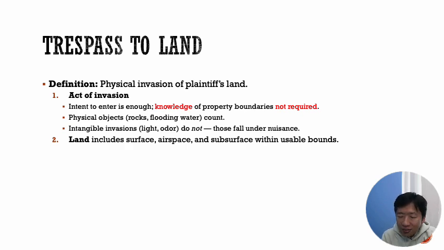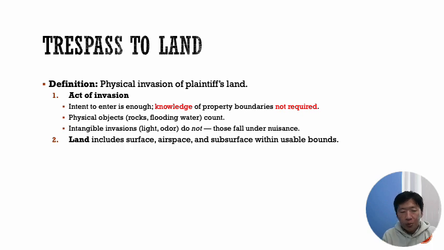The intent does not have to be the purpose, or that you know that's a boundary. It doesn't matter, as long as you have the volitional act and step your feet onto others' property. Probably you don't even know that's the person's property, and you are trespassing.